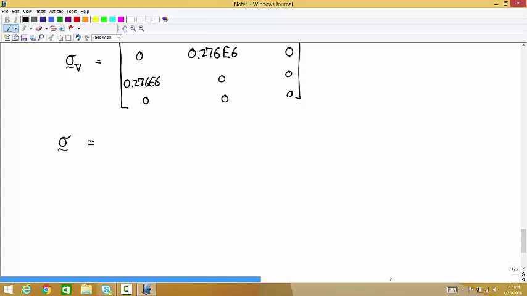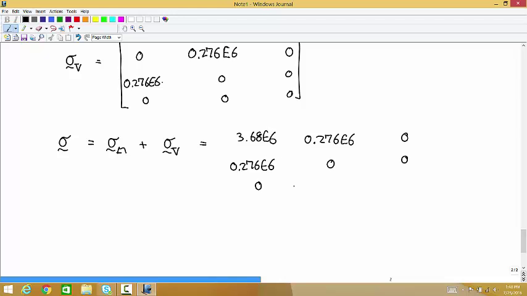So the stress tensor is equal to the stress tensor due to bending moment plus the stress tensor due to the shear force. And that is 3.68 times 10 to the 6, 0.276 times 10 to the 6, 0, 0.276 times 10 to the 6, 0, 0, 0, 0, 0.